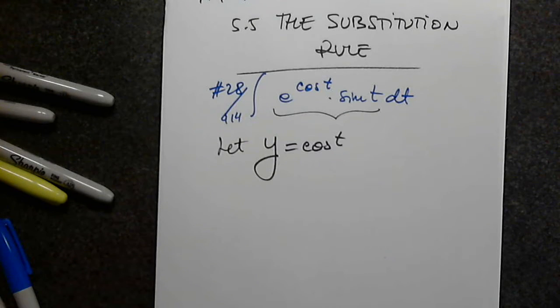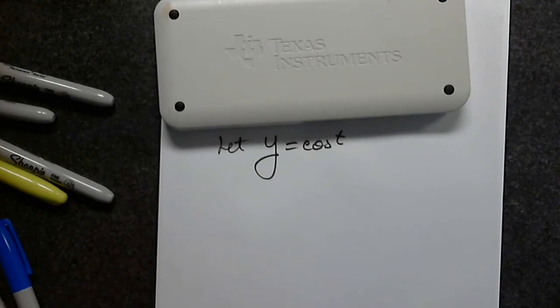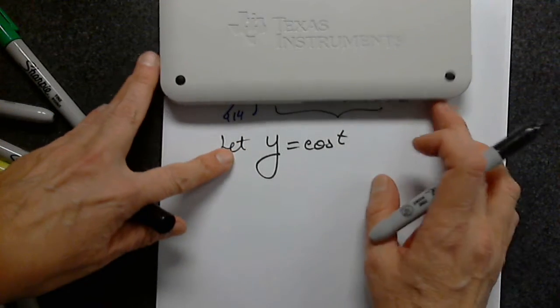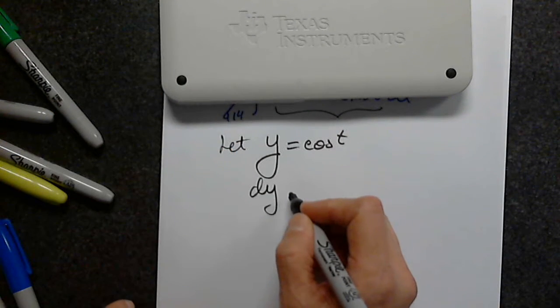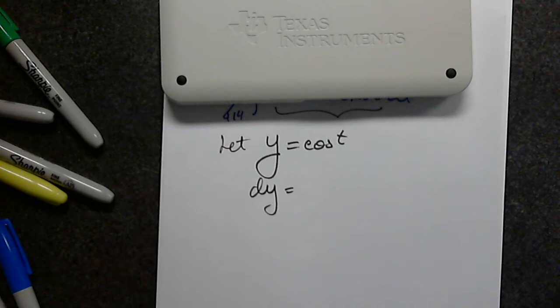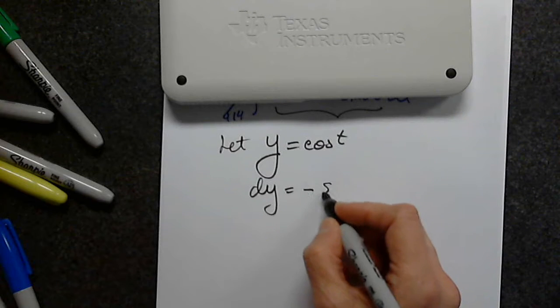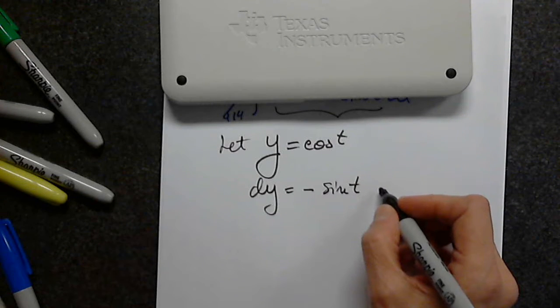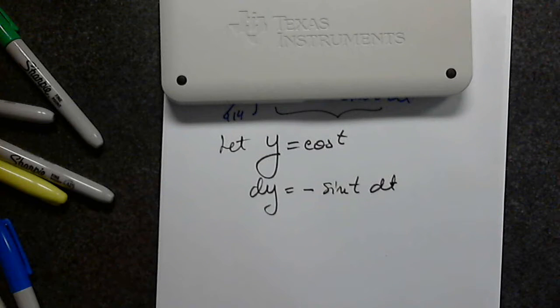So I look at my substitution and I say, okay, let me see if dy, the differential of y, not the derivative of y, which equals negative sine t dt. Exactly. That's what I said, specifically not y prime, but the differential of y. If the differential of y is in the problem somehow, plus or minus a number, I'm on the right track. I chose the correct substitution.